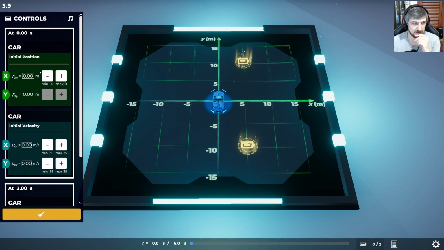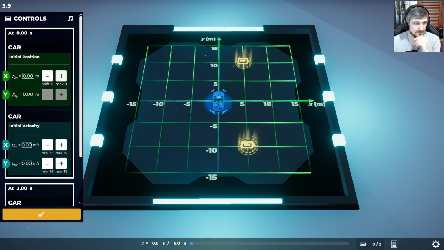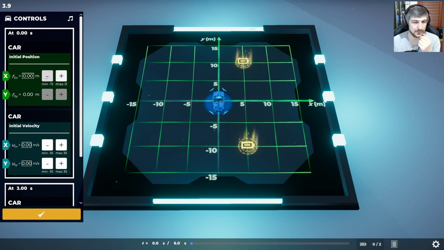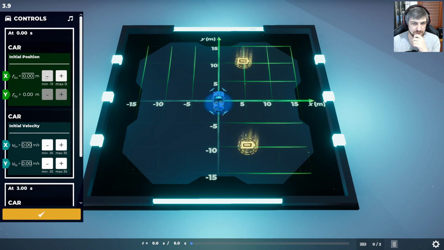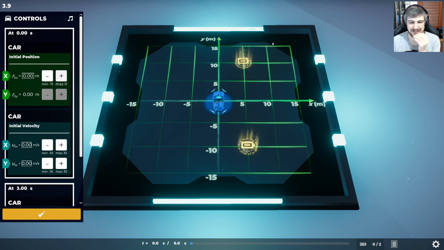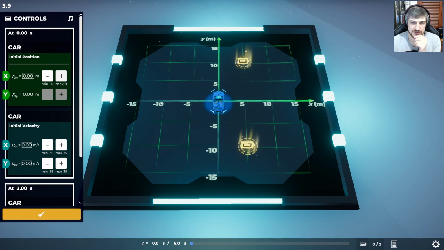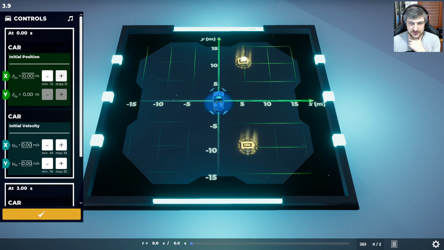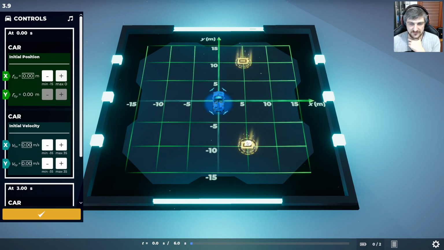So why don't we go 5? Oh, we can't do the y-axis. Okay. Oh, we can only go minus 15. So we actually want to go up and then down, or down then up, but it doesn't really matter too much. So we want to get here within 3 seconds and then here within 3 seconds.